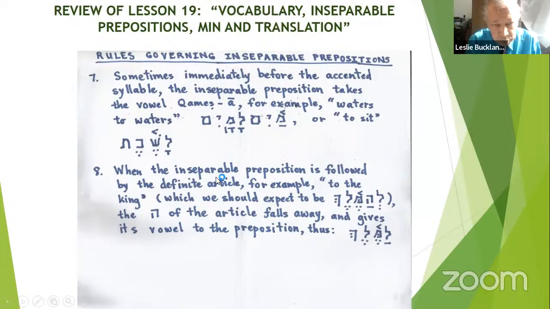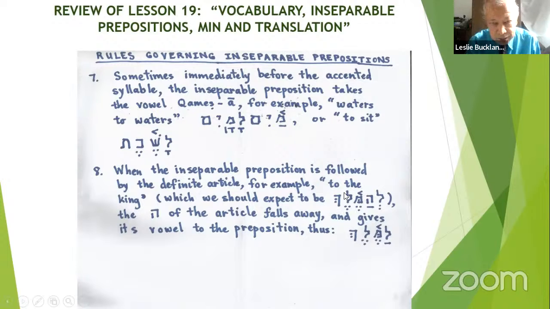When the inseparable preposition is followed by the definite article, for example, to the king, which we should expect to be le ham melech, le to, ham the, melech king.